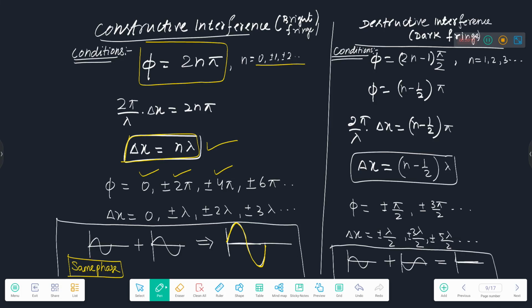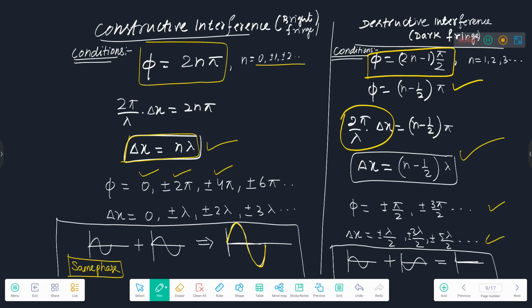Now come to destructive interference. What are the conditions? Phi equals (2n minus 1) pi, and delta x equals (2n minus 1) lambda by 2, that is, (n minus 1/2) lambda if I divide by 2, and here if I use the phi formula 2 pi by lambda into delta x, I will get delta x. Here also you put n equal to 1, 2, 3 like that, and you will get the phase difference and path difference formulas or conditions.